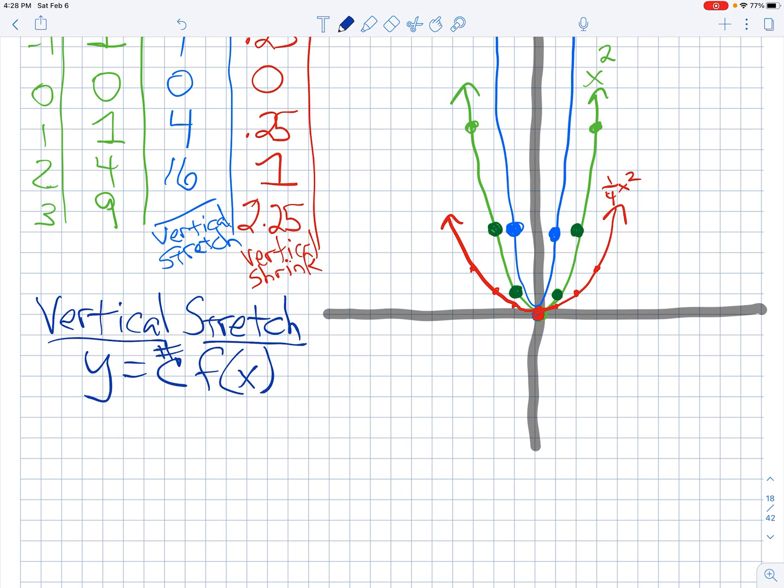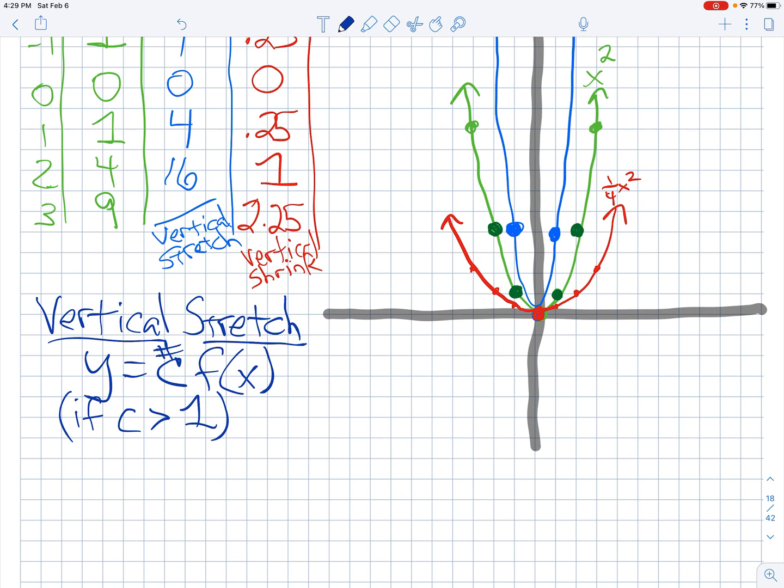So a vertical stretch will happen if you have some function f of x, be it absolute value of x or x cubed, and you multiply it by a number c, your constant, that's greater than 1.